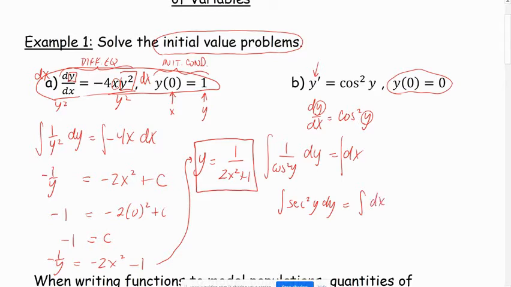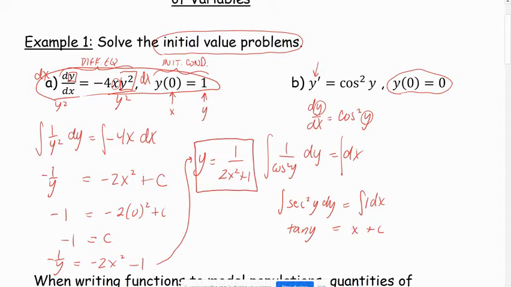And so the antiderivative of secant squared is tangent. So we have tangent y equals x plus c.